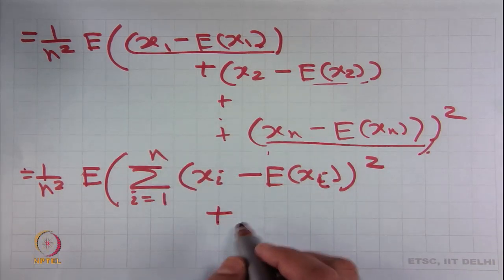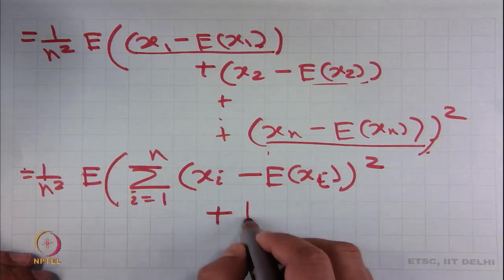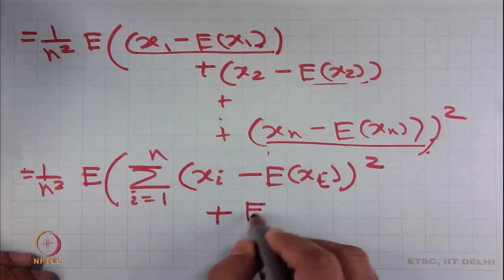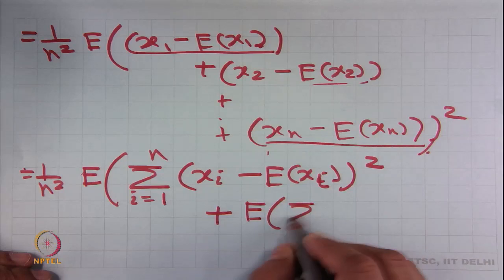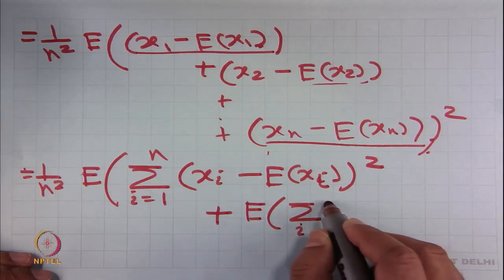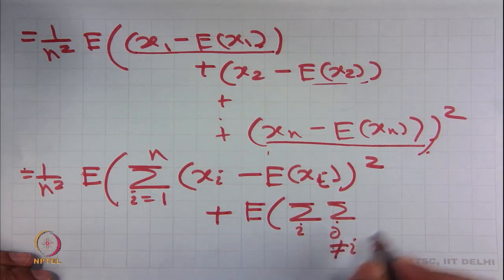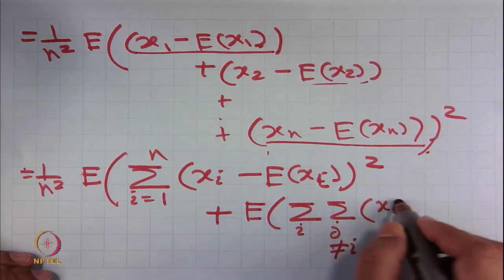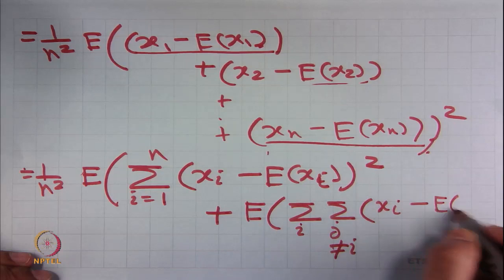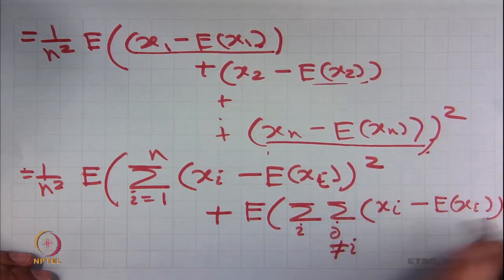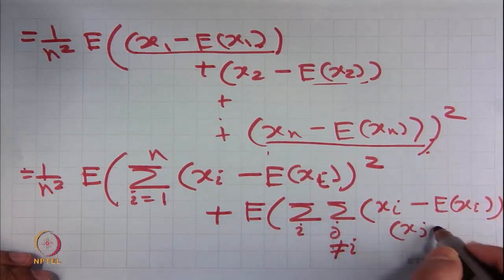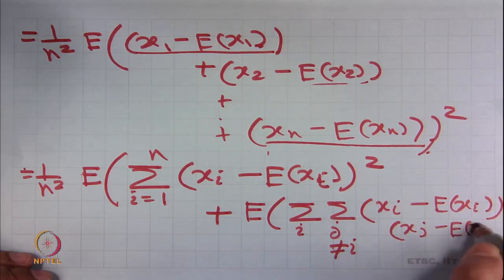plus expected value of sigma over i sigma over j not equal to i, xi minus expected value of xi multiplied by xj minus expected value of xj.